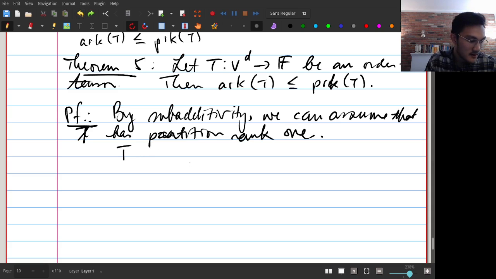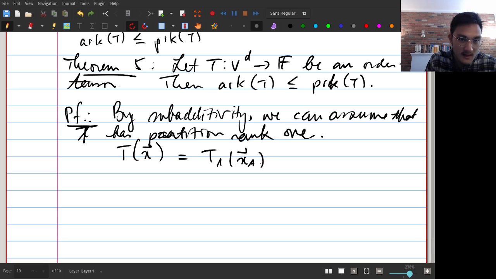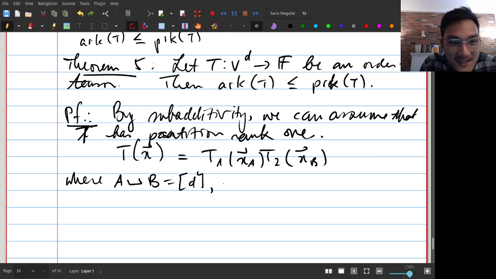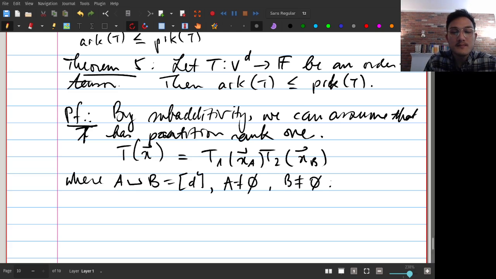So t of some vector x factors as t1 of x_A times t2 of x_B, where A union B is equal to D. So a is not empty, and b is not empty.